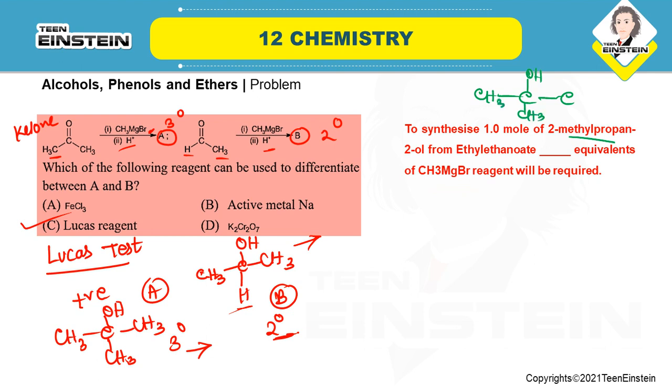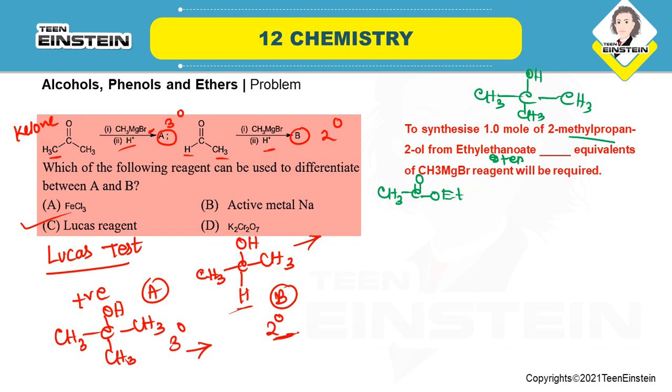That means the structure will be like this. So we want to synthesize 1 mole of this compound starting from ethyl ethanoate. Now ethyl ethanoate is basically an ester molecule, right? So ethyl, that means Et, and this side, the acid part, also contains a total of 2 carbons. So the structure will be like this.